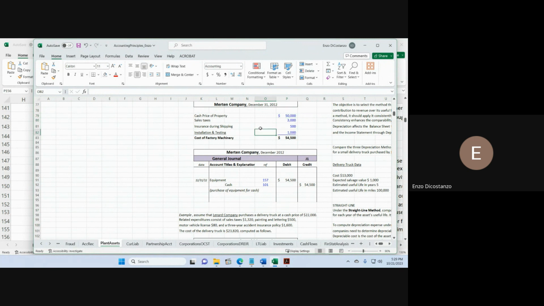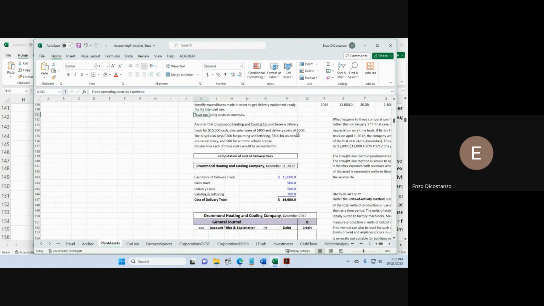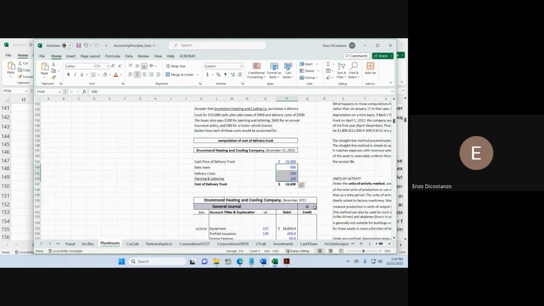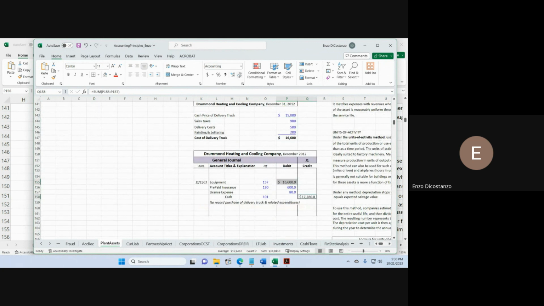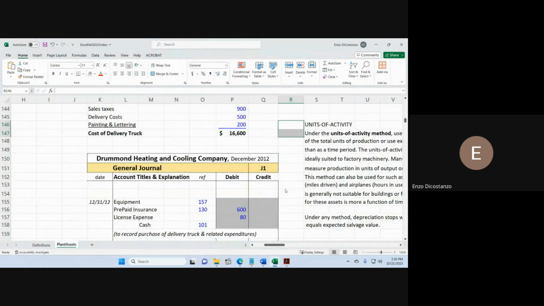I don't know what possessed me to put those extra zeros in here, which we don't need. Yeah, 16,600.